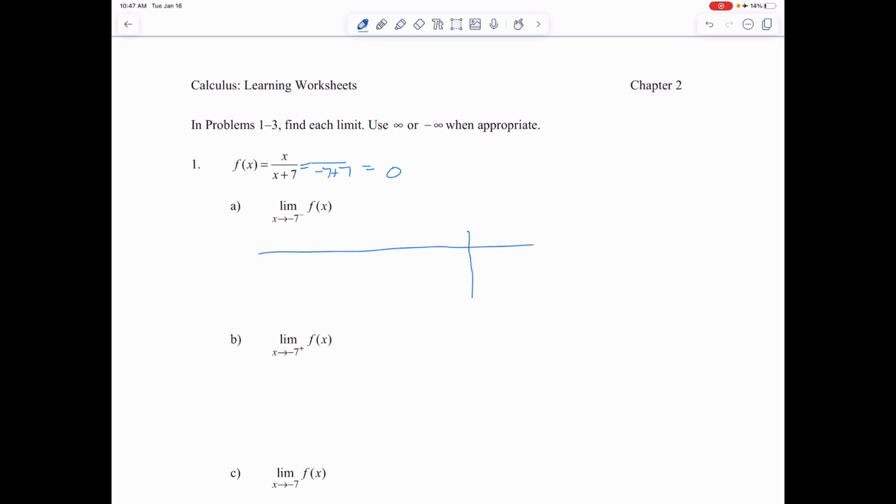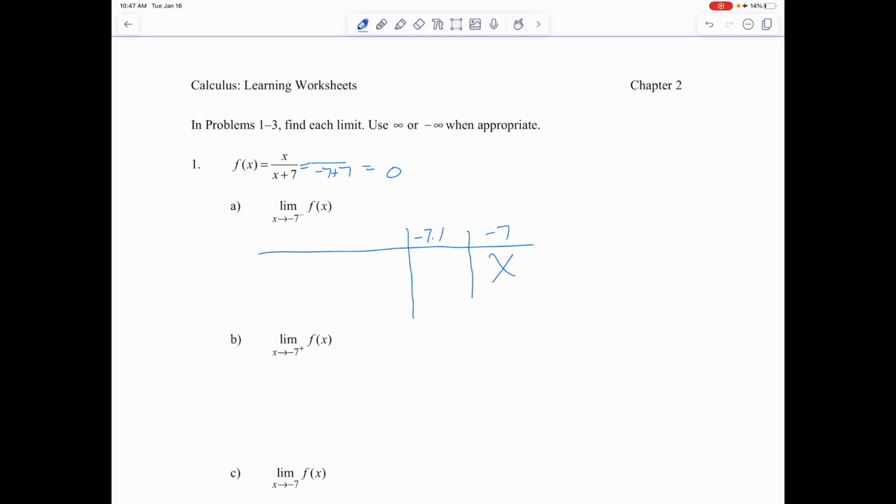here's how I do it. I go, okay, when x is -7, we get a 0 on the bottom, so I'm going to cross that out. But what if it's -7.1?